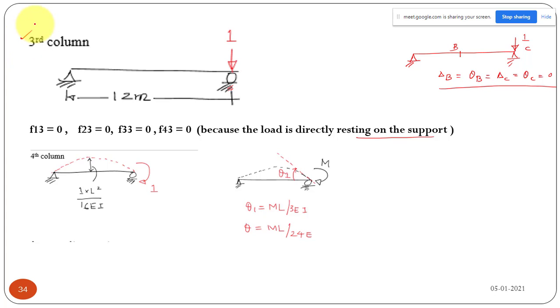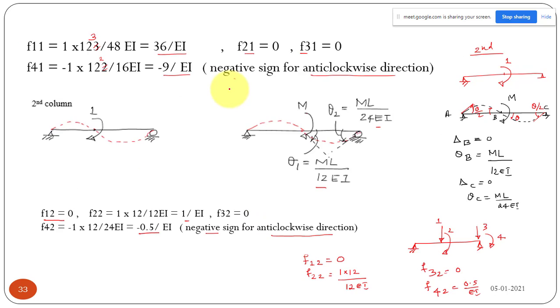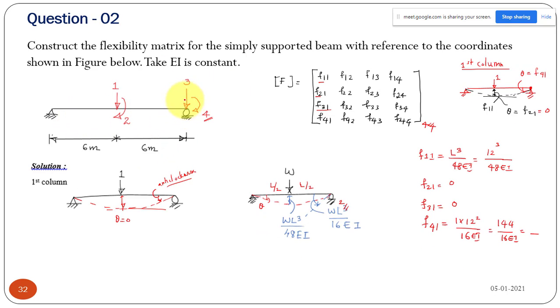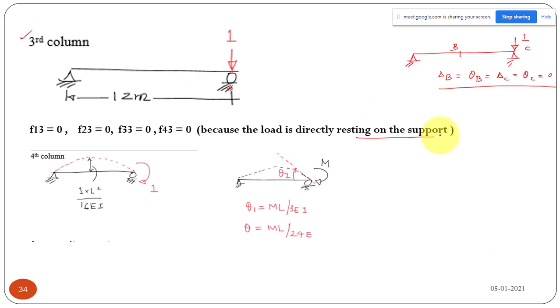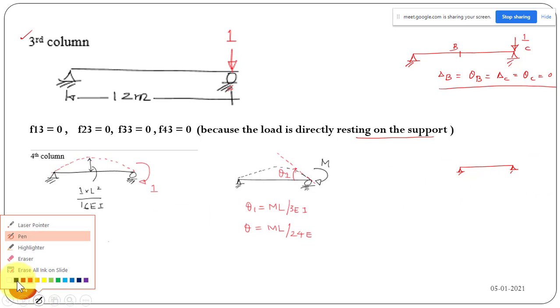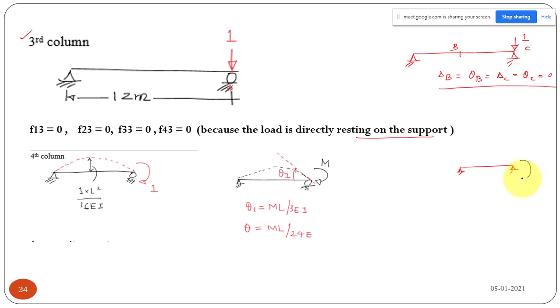Next you can get the fourth column, and the fourth coordinate is this one, clockwise. So we take our simply supported beam and apply a clockwise unit moment at the right support. If you apply a unit moment, it will bend like this.